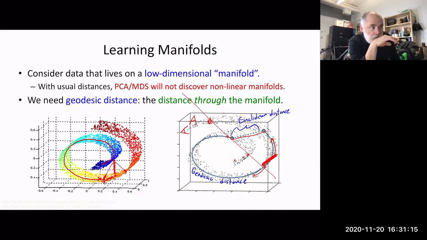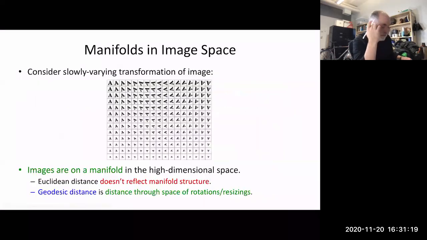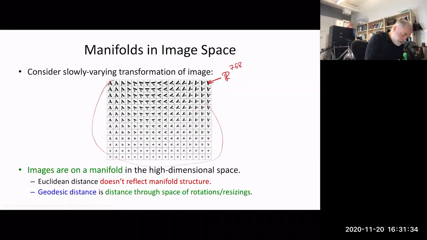Can you give an example of how our data looks like this? I just did. That's this. Each one of these images lives in R to the 768 or whatever. But this entire space of images, this data set, really only needs two numbers to describe it.